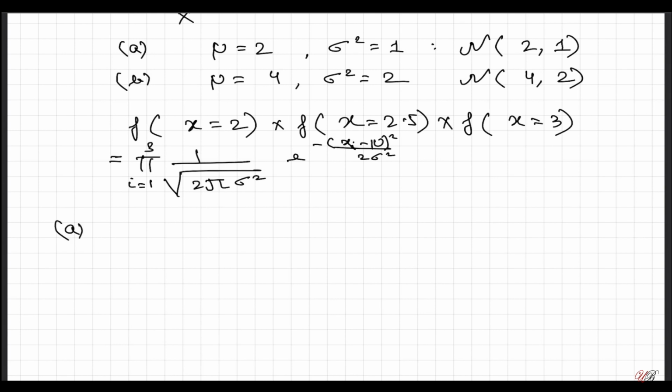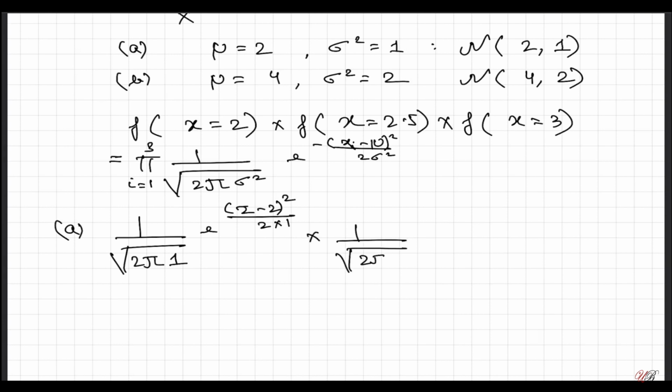Hence for case A we can write this expansion as 1 upon root 2 pi 1, because sigma square is 1, e raised to power minus 2 minus 2 square upon 2 into 1, because again sigma square is equal to 1, multiplied by 1 upon root 2 pi 1 e to the power minus 2.5 minus 2 square upon 2 into 1, multiplied by 1 upon root 2 pi 1 e raised to power minus 3 minus 2 square upon 2 times 1.